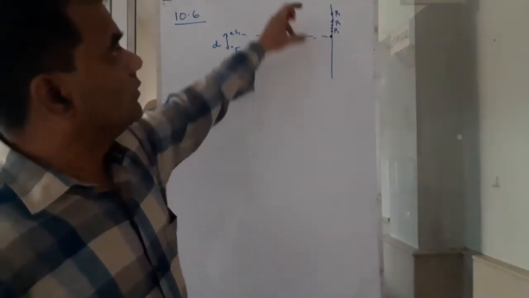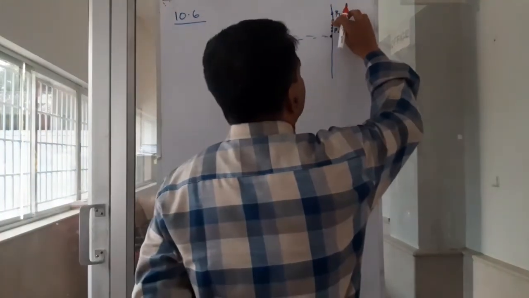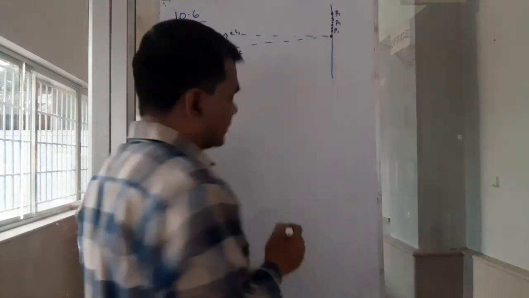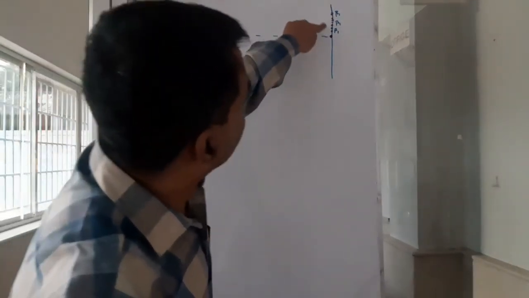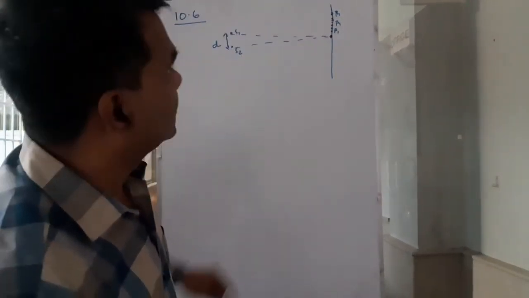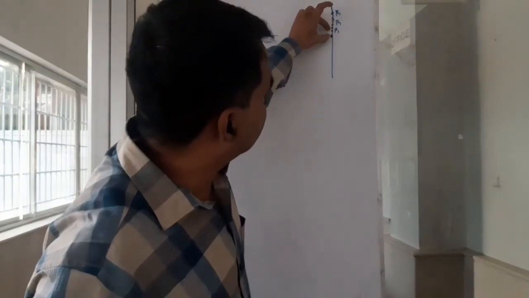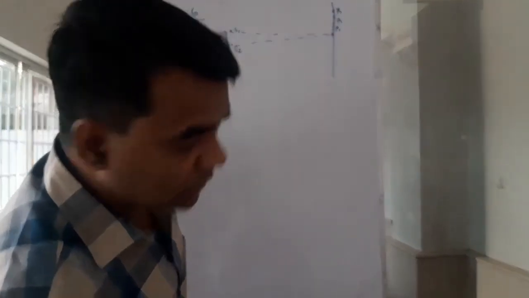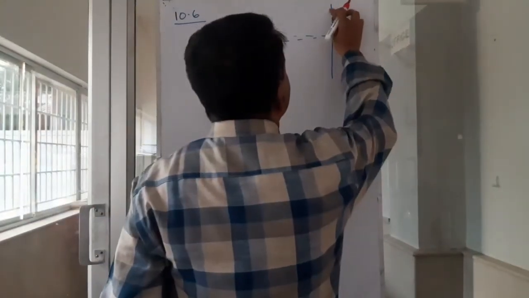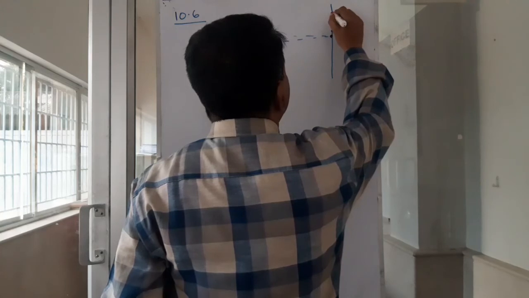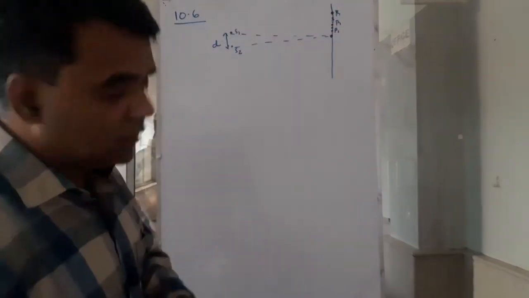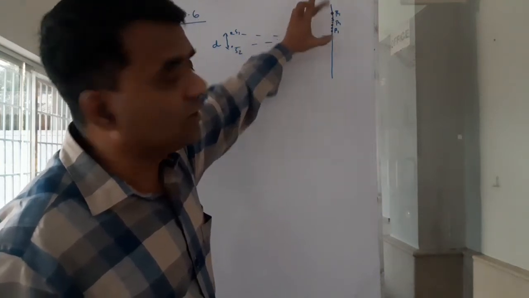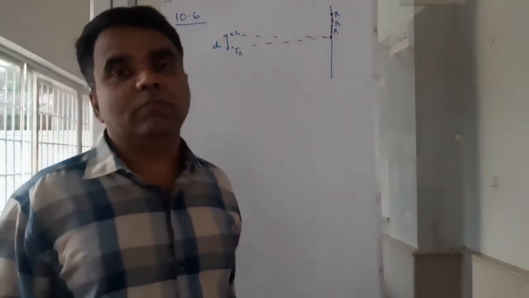Let's say, to be better, the fourth one may coincide with the third one, because this has this bandwidth, third, then fourth. The fourth red coincides with the third blue.